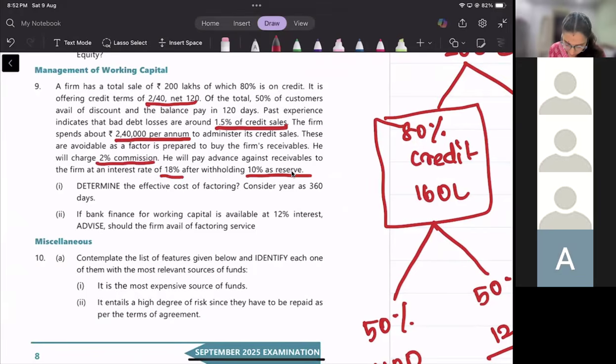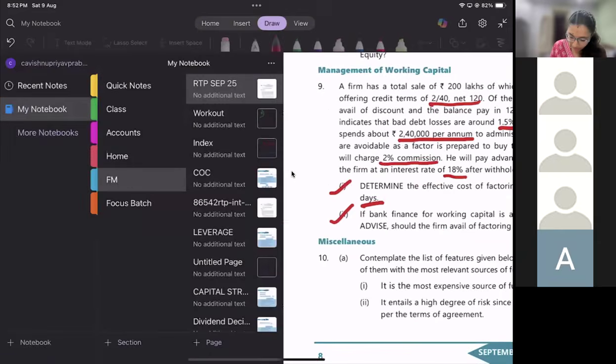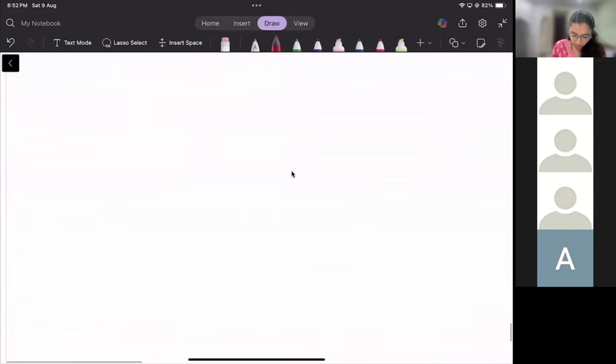First question: effective cost of factoring. 360 days you can consider as the year. Second question: if bank finance for working capital is available at 12% interest, advise should the firm avail factoring service? First, let's complete the A part and then we'll come to the B part.